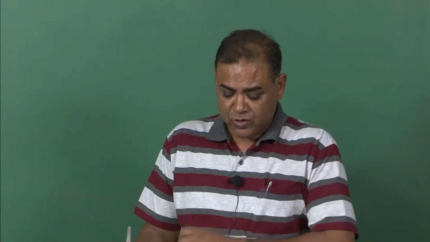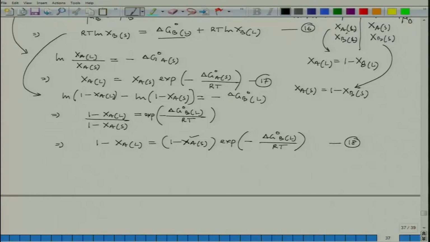Now, interestingly, you can see that equations 17 and 18 can be solved because we have two unknowns. This is one unknown and this is another unknown. So, we can solve equations 17 and 18.